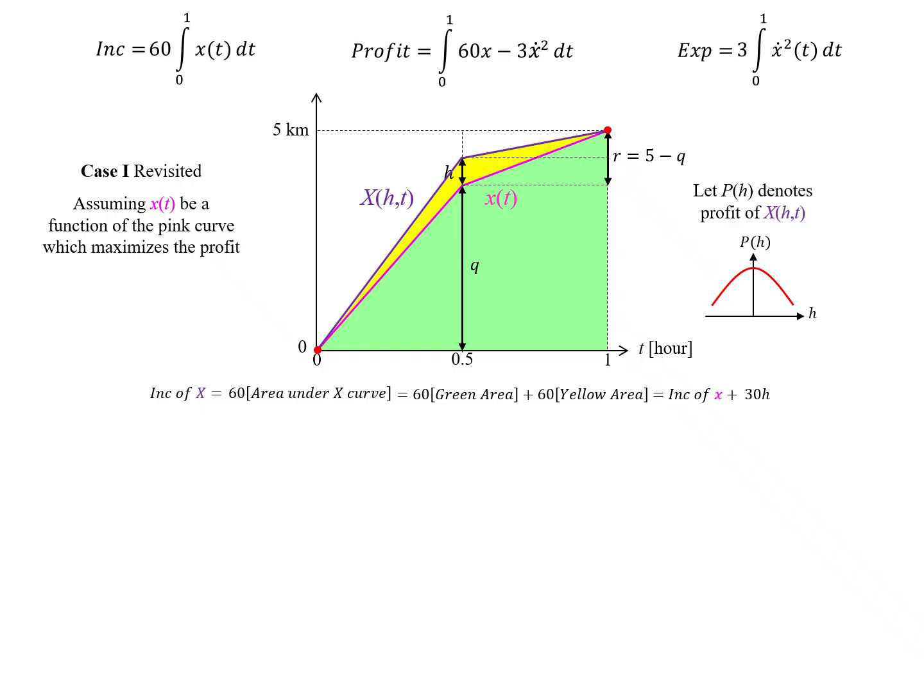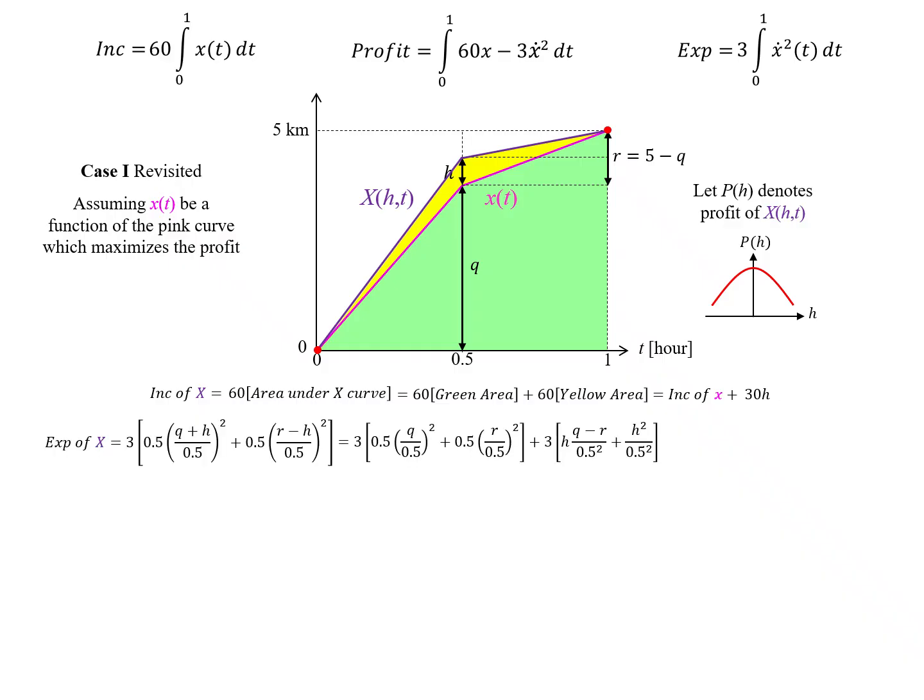The expense of the big X can be expressed as the sum of two terms in which the first term is the expense of the small x and the second term is 12h times q minus r plus 12h squared. We can now express P as a function of h as shown.